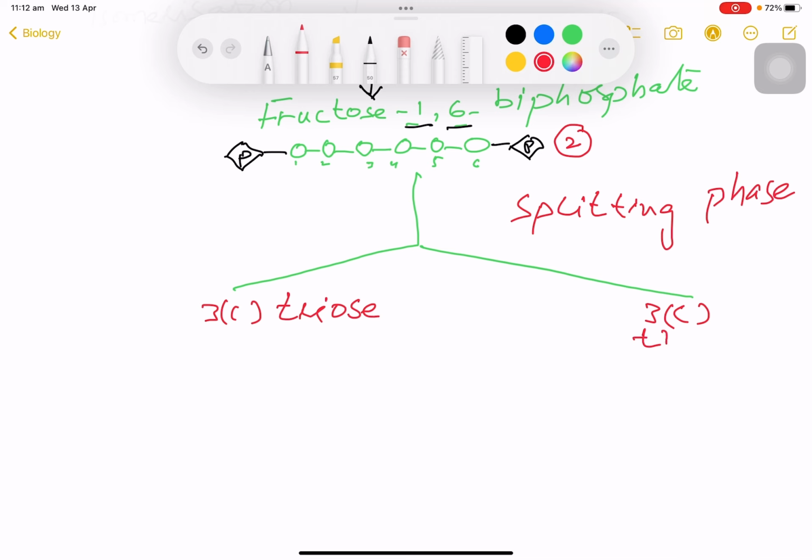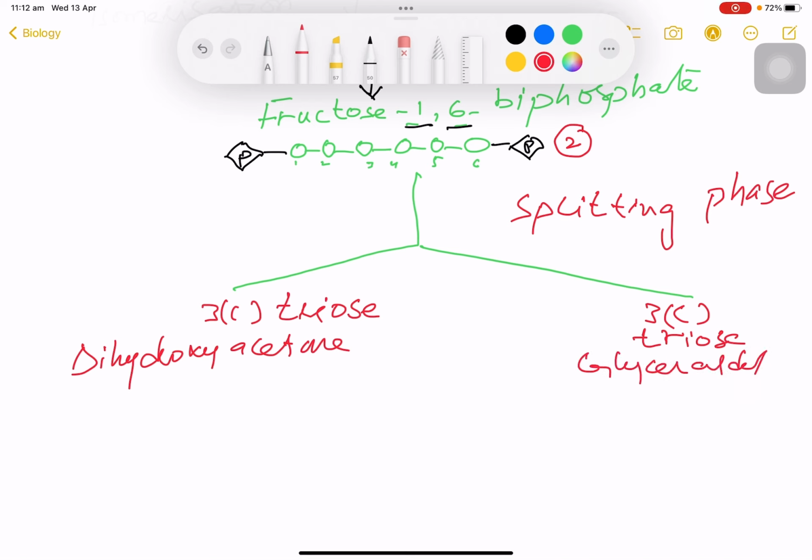This is also triose. For A level students, there is no need to remember the names, but I'm going to write them here. This is dihydroxyacetone phosphate, and this is glyceraldehyde 3-phosphate.